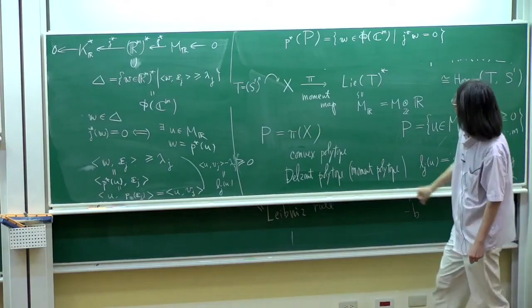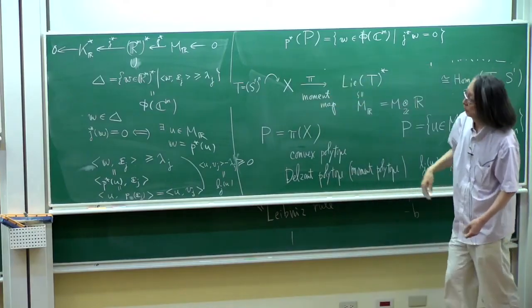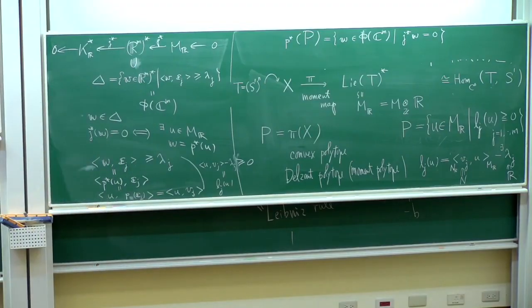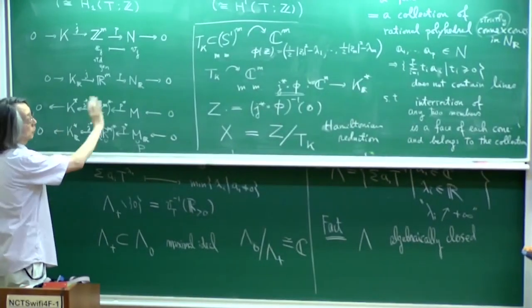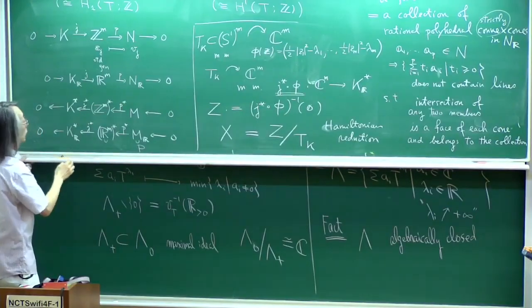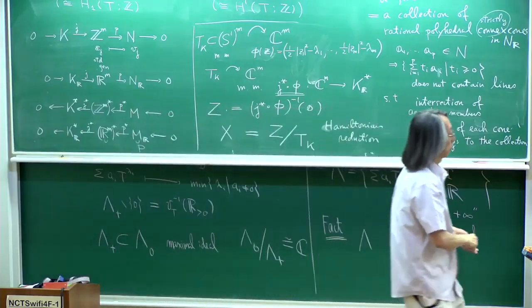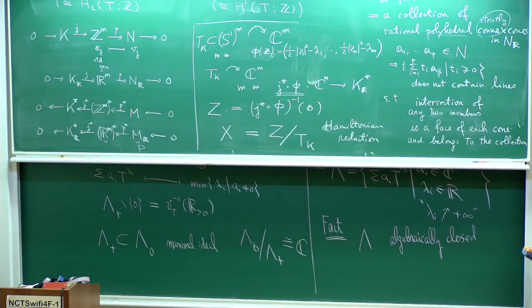And then what you get is actually the image of P. So in this way, you can recover this polytope inside of here. And so if you consider the momentum map of this torus action, the image of the momentum map is exactly equal to P.